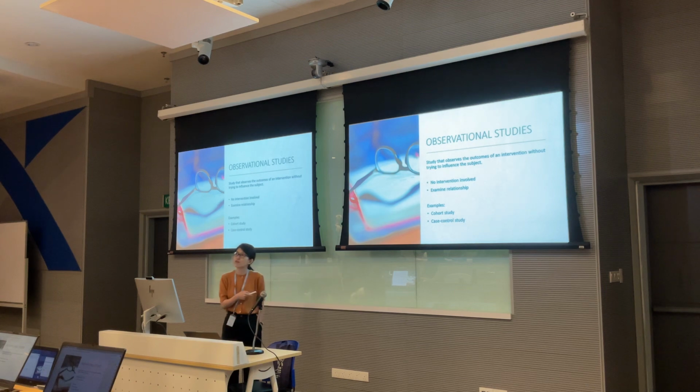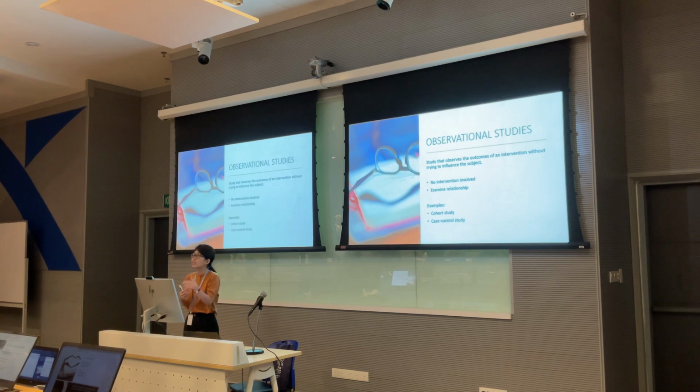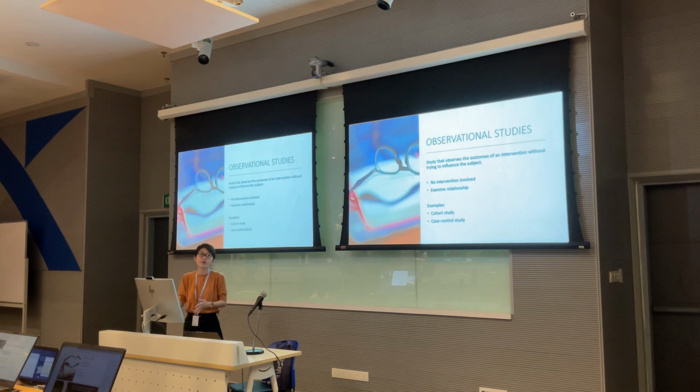So what is the difference between the cohort study and the case control study? In the cohort study, you recruit your participants, the humans, based on some similarity. For example, all of you are a cohort taking the subject BIO 1272, the same cohort.